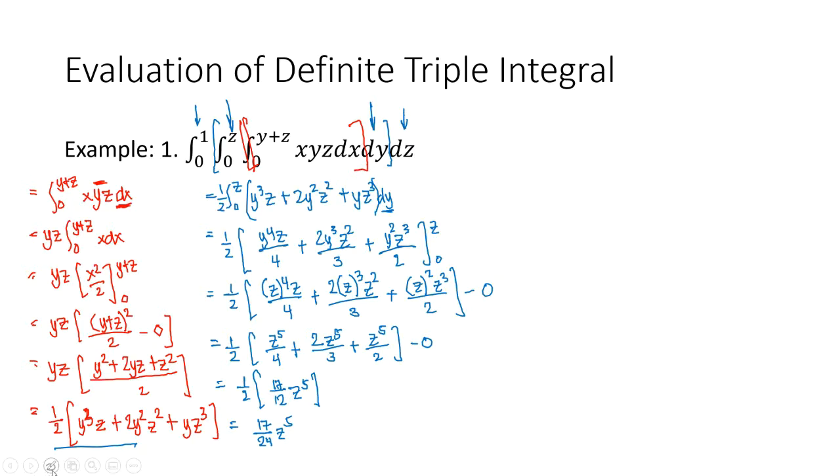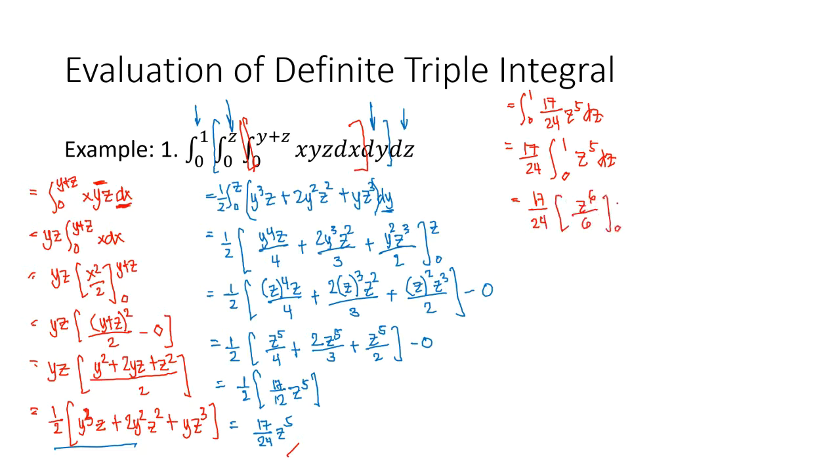So we have to integrate it again, but our integrand now is 17 over 24 of z to the fifth. So we have integral of 0 to 1, 17 over 24 z to the fifth dz. 17 over 24 is constant, so we can put that out. So we'll just integrate z to the fifth dz, wherein the integral of z to the fifth is just equivalent to z to the sixth over 6 from 0 to 1.